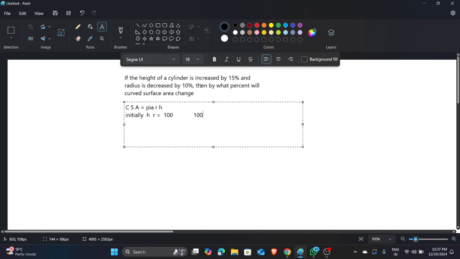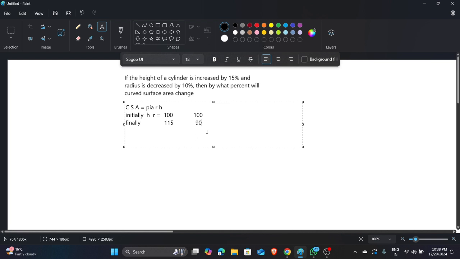After some changes of the percentage, it will be reduced from 100 or increased from 100. The final height is increased by 50, so it is 150, and radius is decreased by 10, so it is 90. Now, by what percent will the curved surface area change?